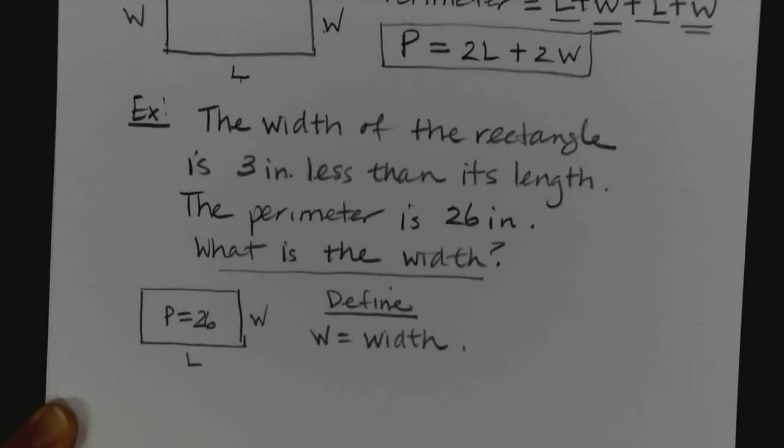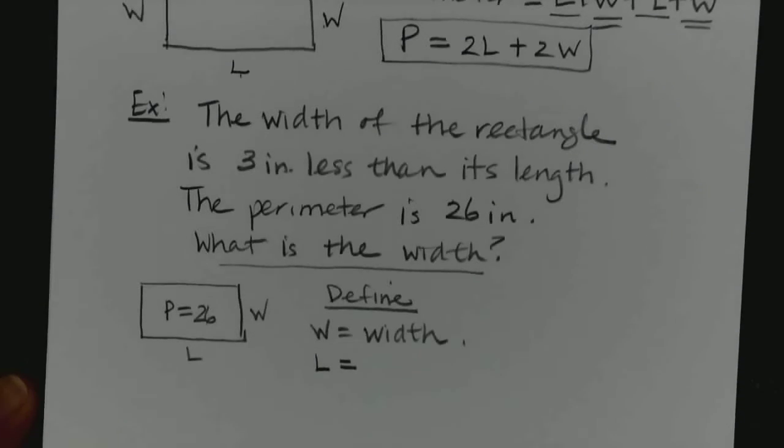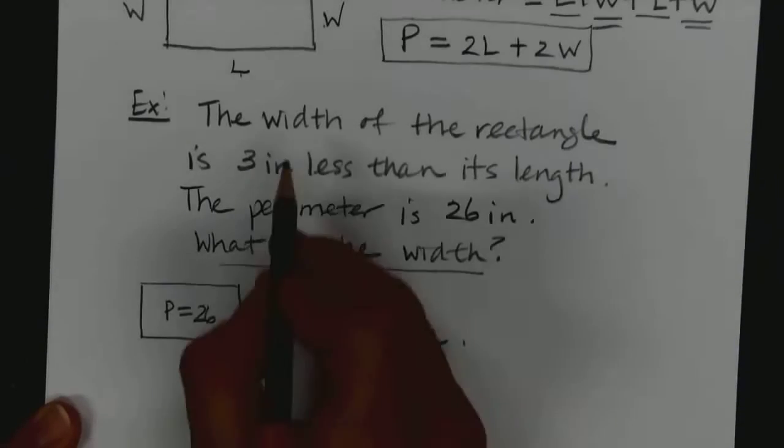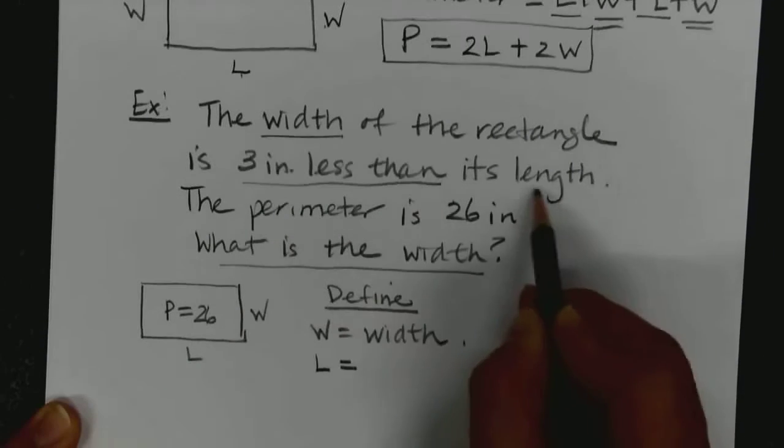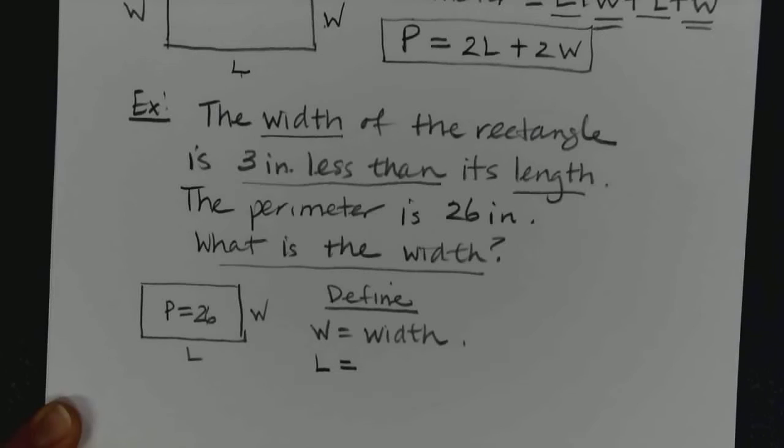So now I got to define the length. Well, this says the width is 3 inches less than its length. So what do you know about the length then? 3 inches more.